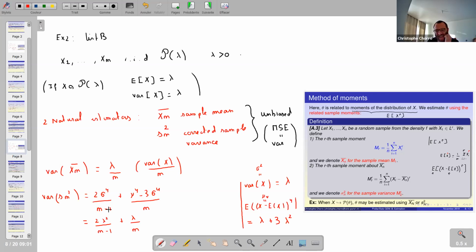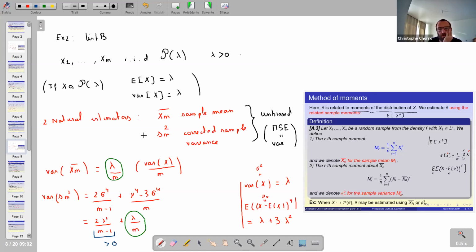So I have this quantity, and I can remark that if I want to compare these two unbiased estimators, I have to compare their variances. The variance of the sample mean is given by this expression here. The variance of the corrected sample variance is given by this expression, but I see that the second variance is equal to the first one plus a term that is strictly positive.